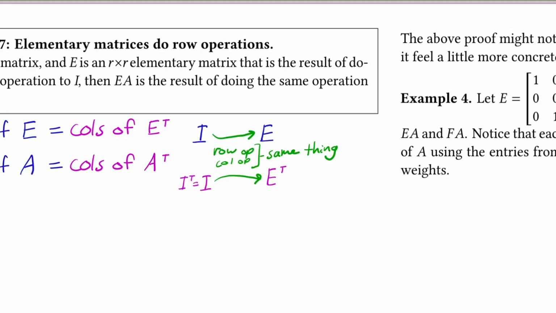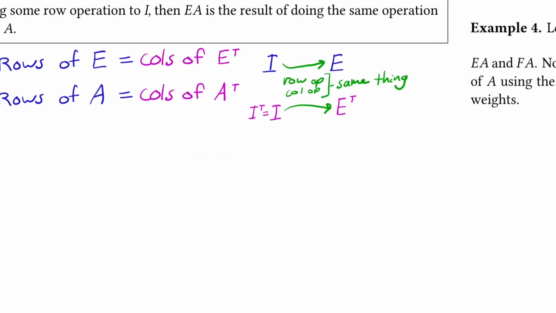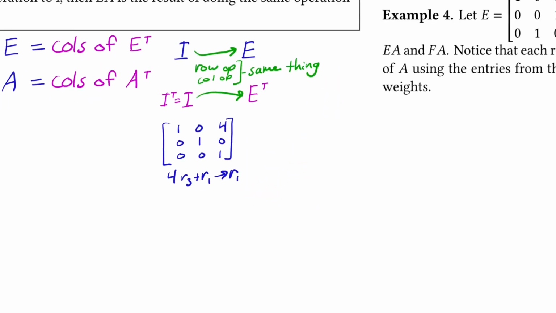Let's look at an example of that. Let's say that E represents a row replacement operation. So for example, replacing row 1 with the sum of 4 times row 3 plus row 1. If we do that same thing to the columns of the identity matrix, but just with the columns instead, so 4 times column 3 plus column 1 to replace column 1.